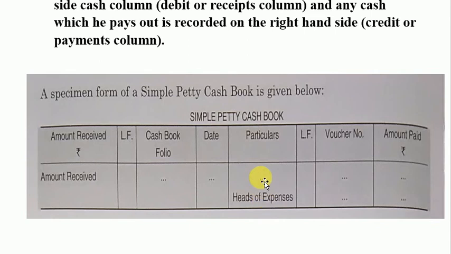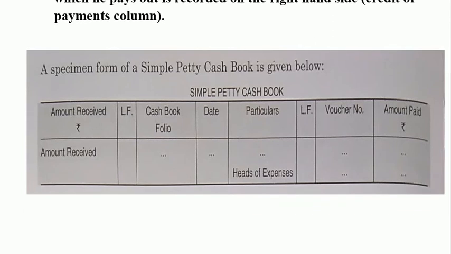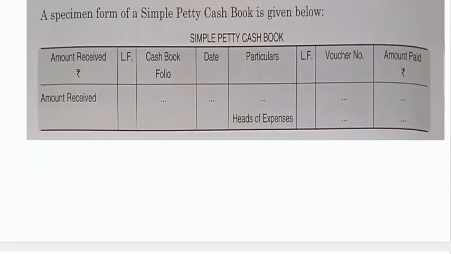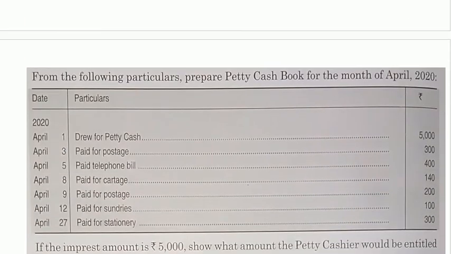In particulars we record the head of the expenses, and in date we record the date of the transactions in which these expenses and receipts are incurred, isn't it? So this is the specimen of simple petty cash book.